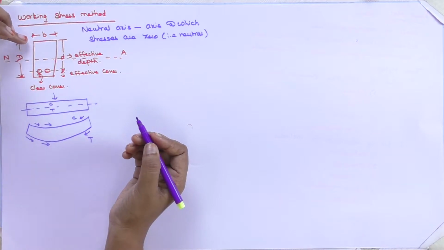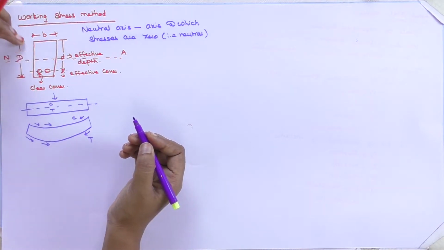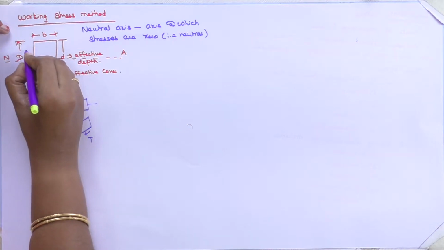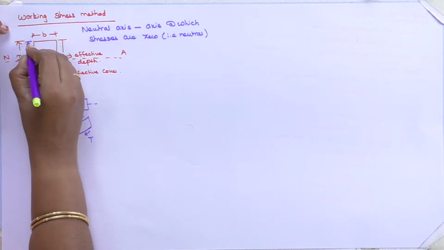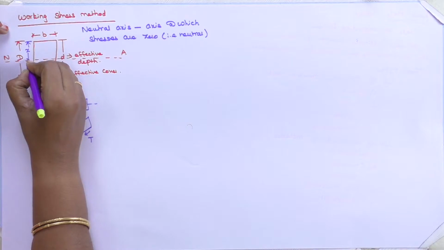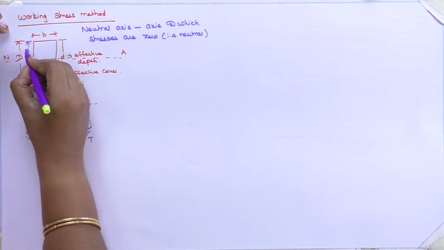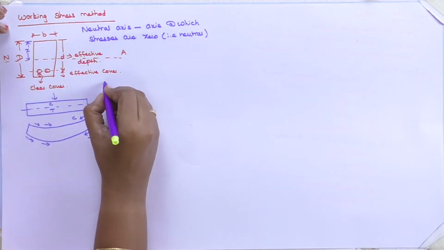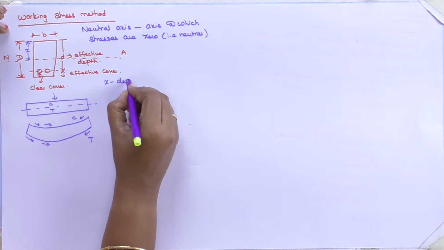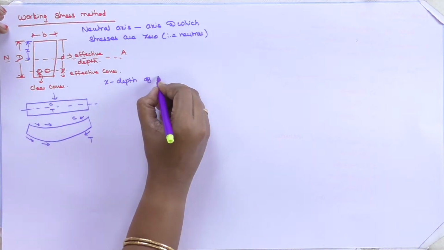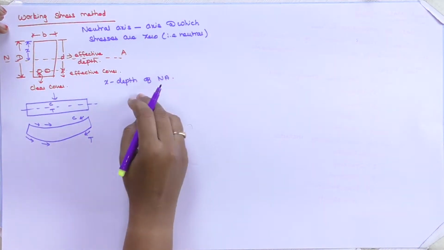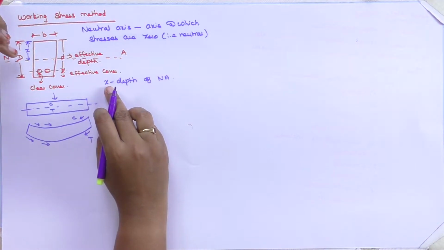How to calculate the depth of your neutral axis? Here, I am giving x as the depth of my neutral axis. Above the neutral axis, I am calling it as x. X is nothing but depth of neutral axis. Here, I want to calculate where the neutral axis is being located.